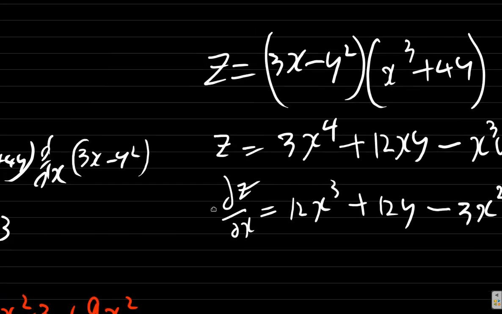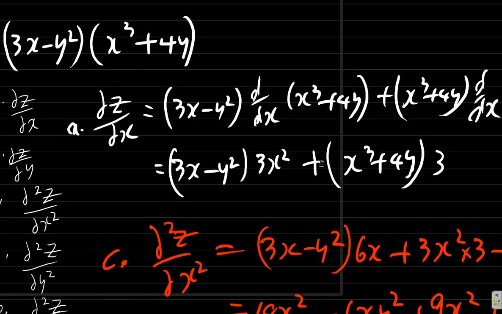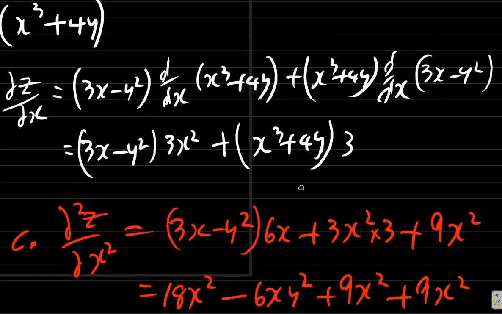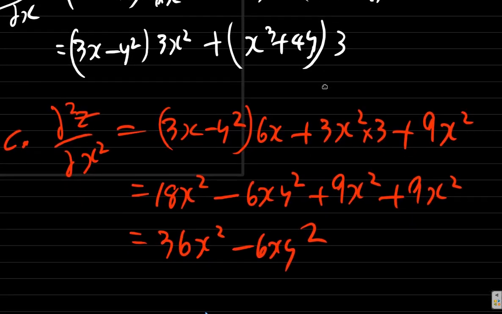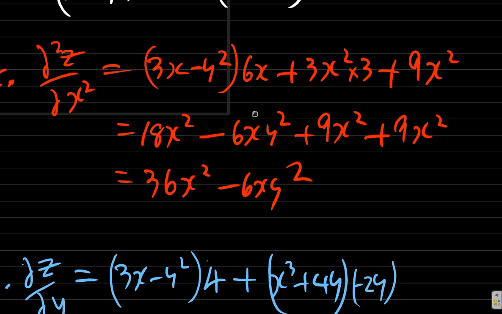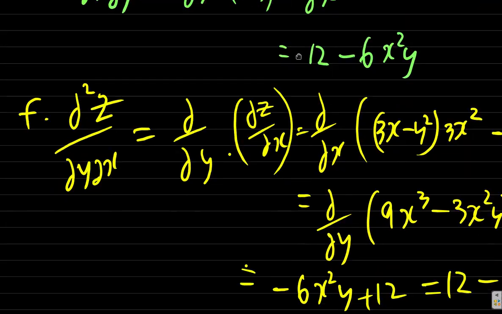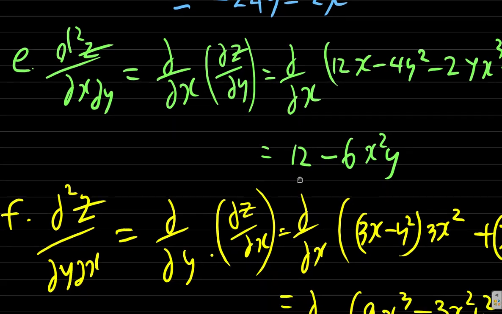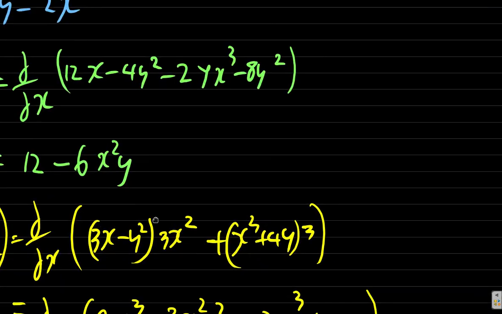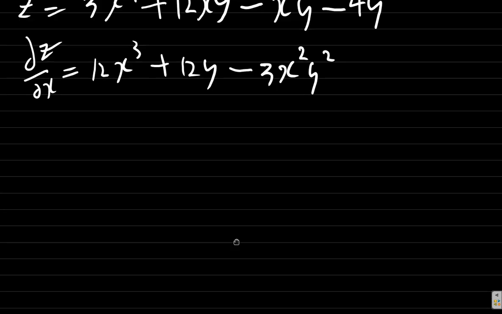Is it the same thing that we got before? Let's see. Delta z by delta x. When we multiplied it out, well, it kind of looked different, but when we did it down here, what was the delta z by delta x again? It amounted to 9x cubed minus 3x squared y squared.